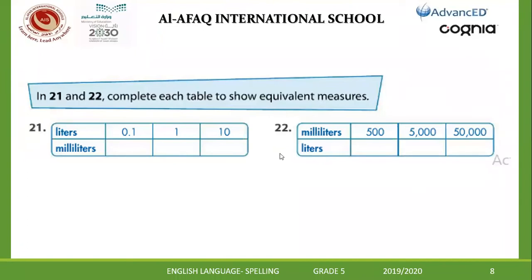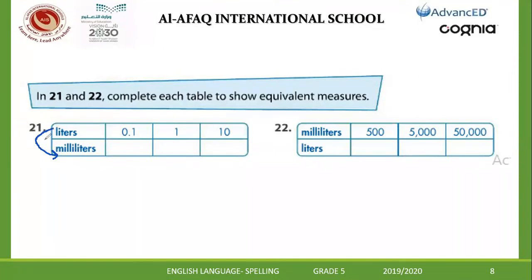We stopped yesterday on number 21. Here we are going to convert liters to milliliters. What's the relationship between liters and milliliters? Each liter has how many milliliters? 1000.